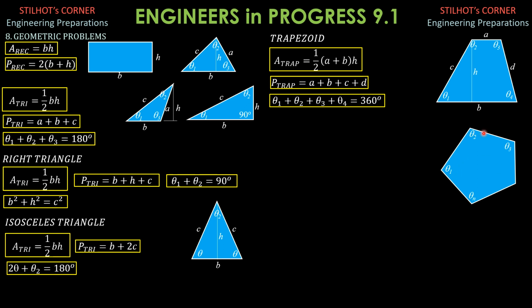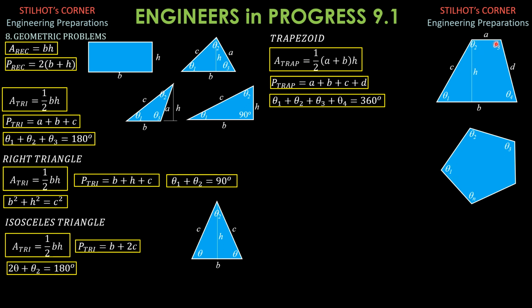If there are 5 sides, we can form 3 non-overlapping triangles. This is the first, this is the second, and that's the third.